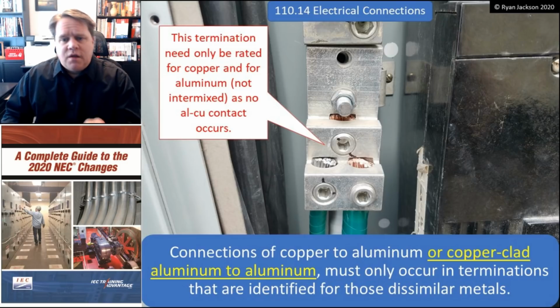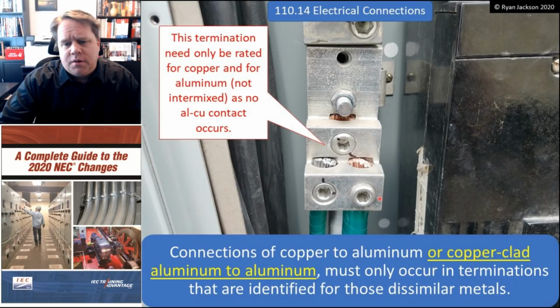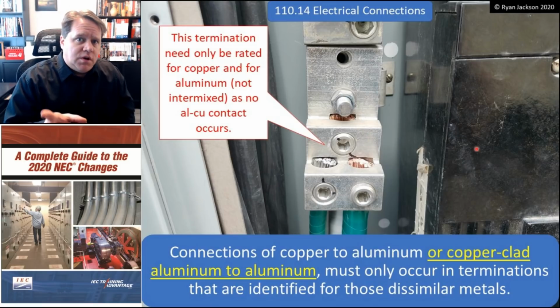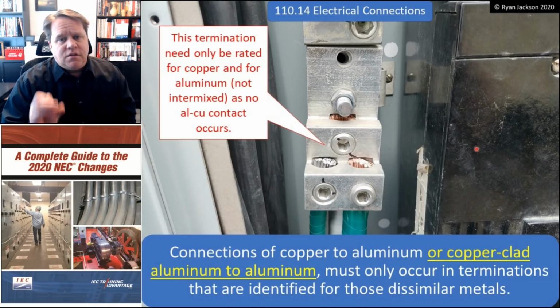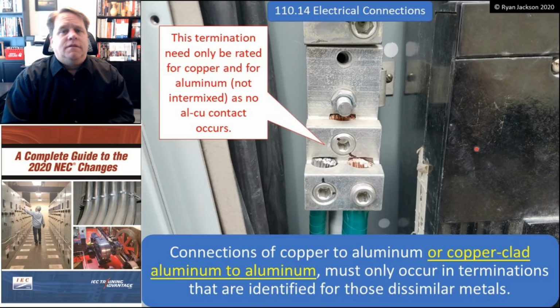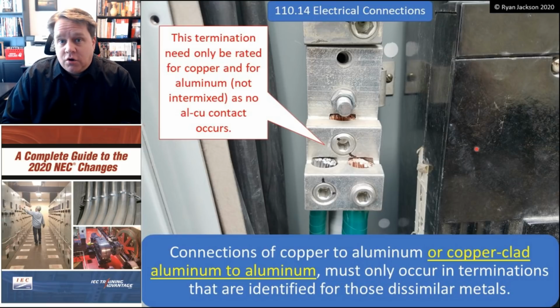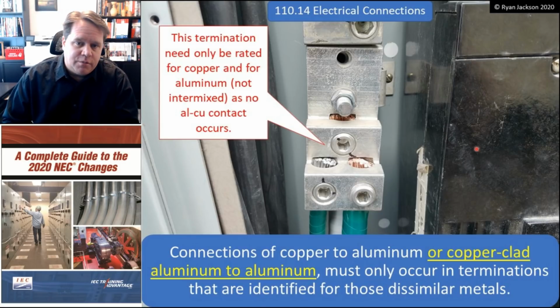Now, taking a look at the photograph here, we have an aluminum conductor touching the steel terminal, and we have a copper conductor touching the steel terminal. So this would need to be designed for both copper and aluminum. It does not have to be identified for copper touching aluminum, because copper is not touching aluminum in this photograph. The lug would just have to be marked AL-CU, for example.